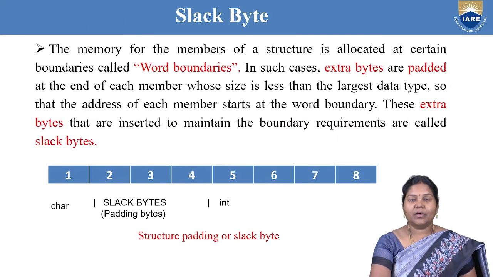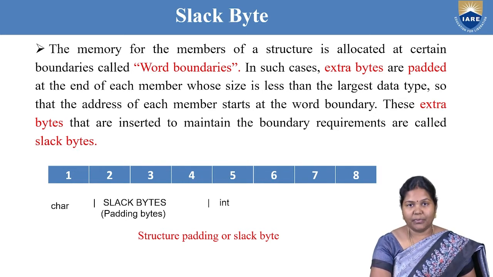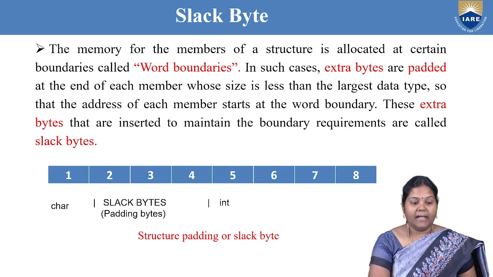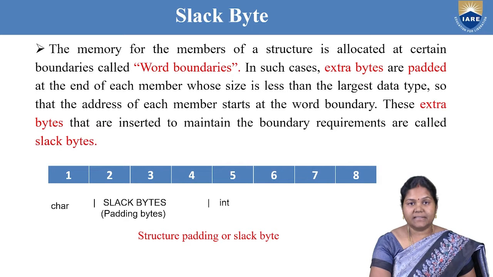Now next we will talk about what we mean by slack bytes in structures. In a structure every member is allocated its own memory, and the memory for the members of the structure is allocated at word boundaries. So whenever you allocate memory for a character, suppose the character requires only 1 byte, then 1 byte is not allocated; it is allocated with some extra bytes.